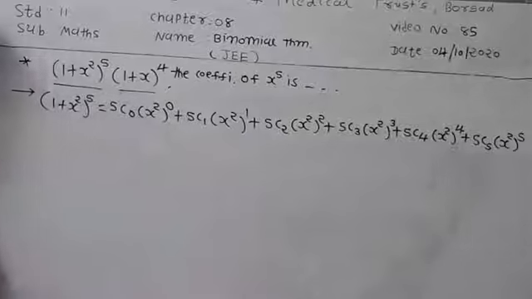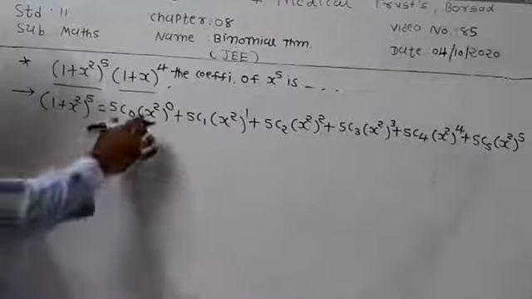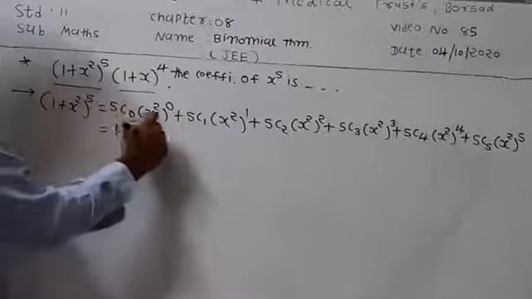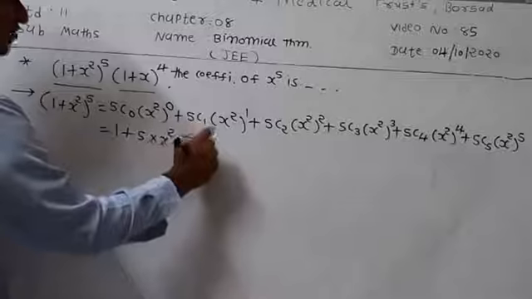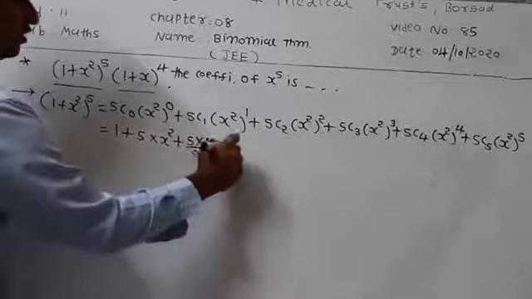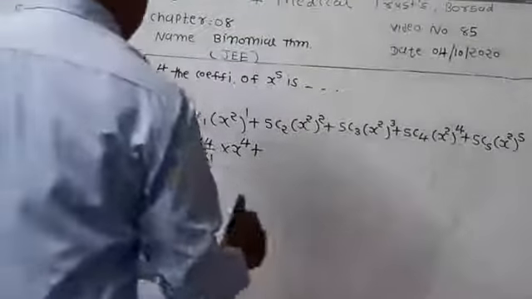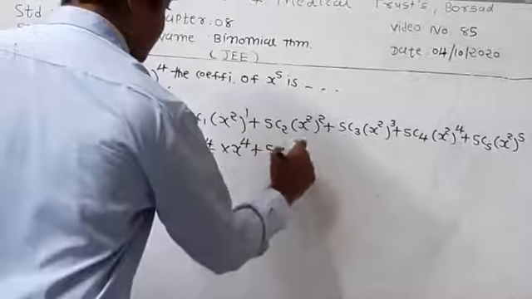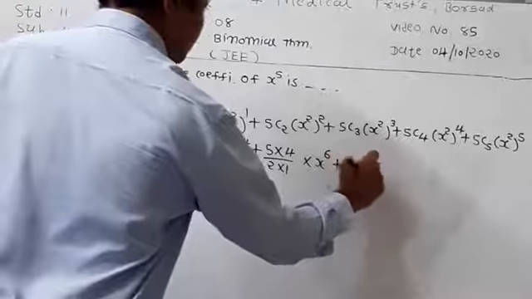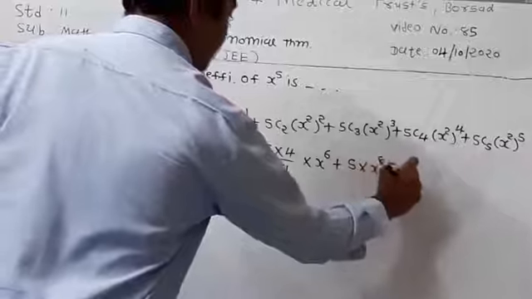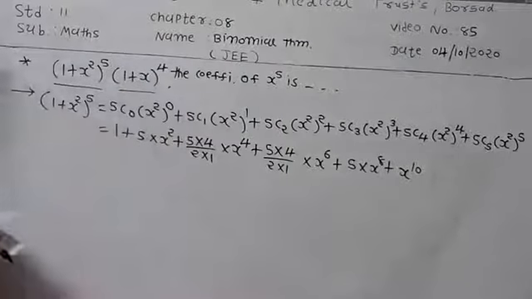Now after simplifying this term, 5C0 means 1, any term raised to 0 is also 1, plus 5C1 means 5 into x square, 5C2 means 5 into 4 upon 2 into 1 into x raised to 4, plus 5C3, which again is the same as 5C2, 5 into 4 upon 2 into 1, x raised to 6, 5C4 is 5, x raised to 8, plus 5C5 is 1, and x square into 5 means x raised to 10.